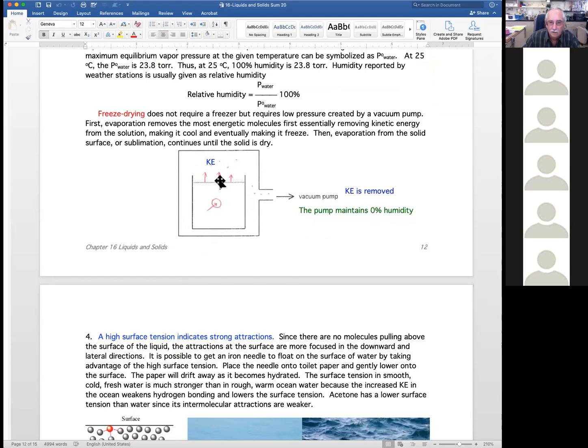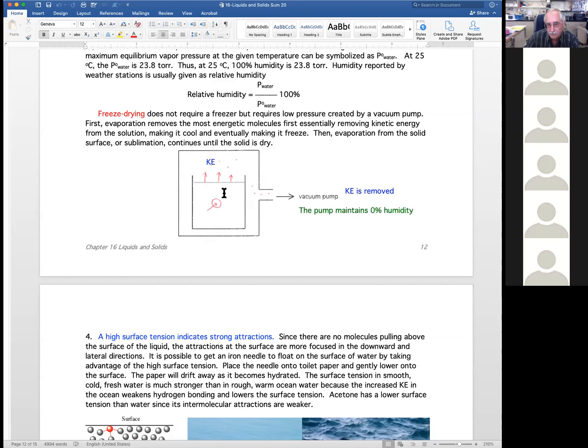And evaporation of which molecules? The ones that have the most kinetic energy. So those kinetic energy containing water molecules are basically sucked out. What we're doing is sucking kinetic energy out of this container. And eventually the temperature goes down and the liquid freezes, turns into a solid.